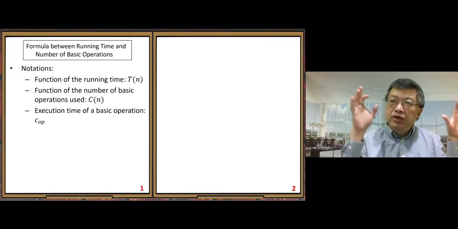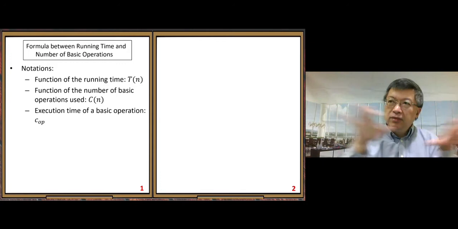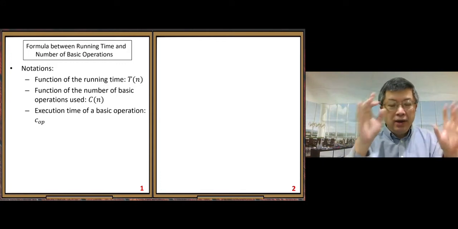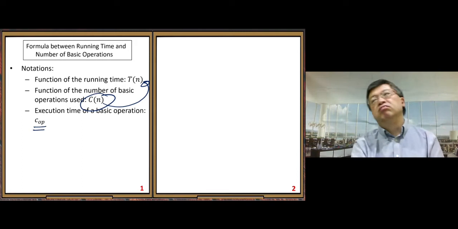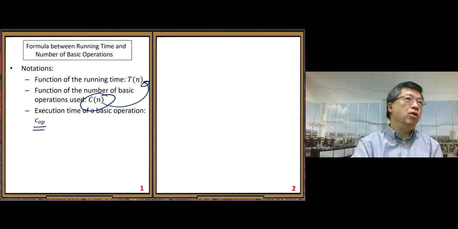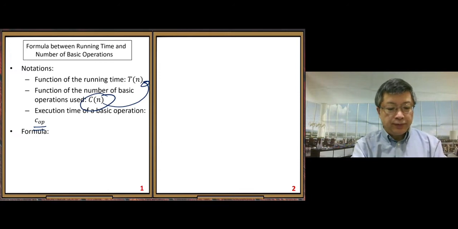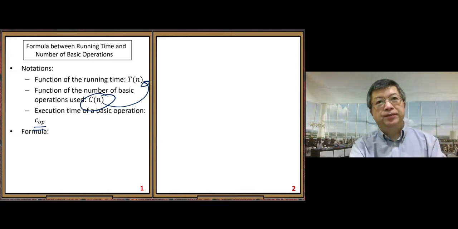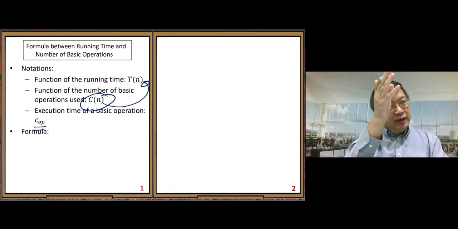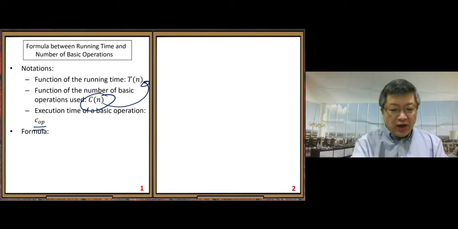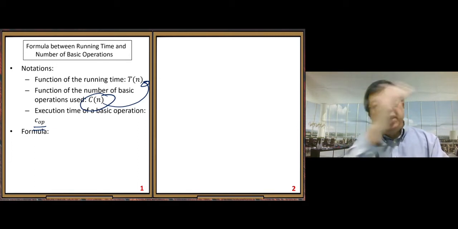Later, after we complete the analysis, when we do the replacement, using C of n to replace T of n, we won't use this temporary number anymore. All right. First, let's look at the relationship between C of n and T of n.